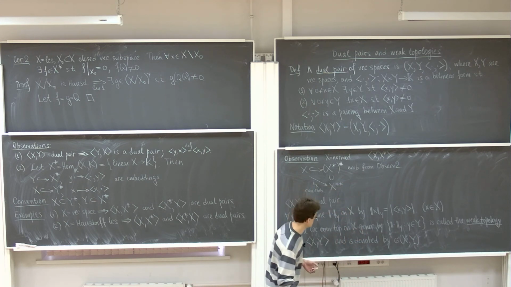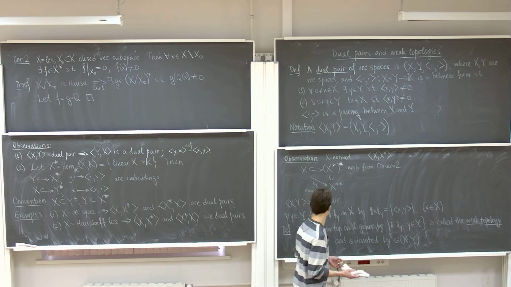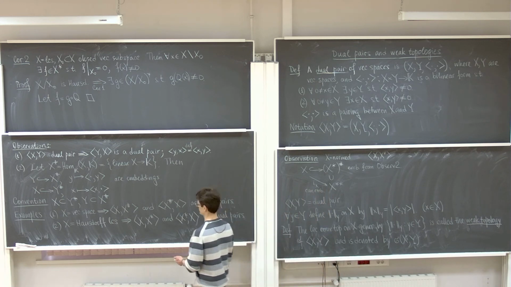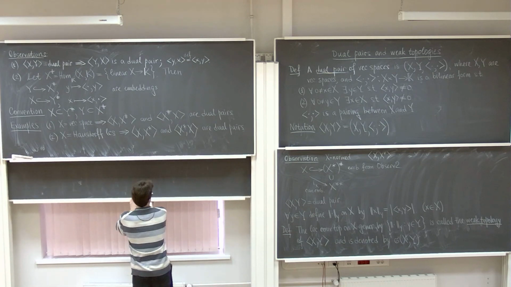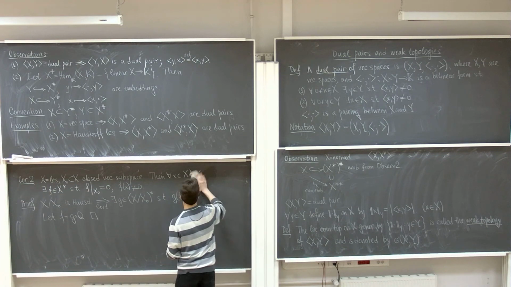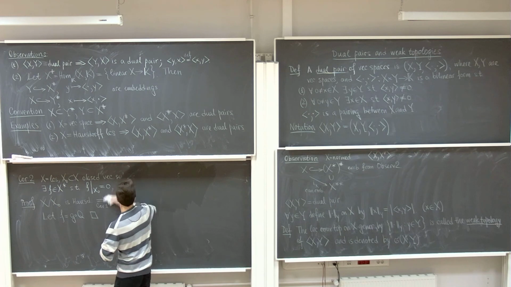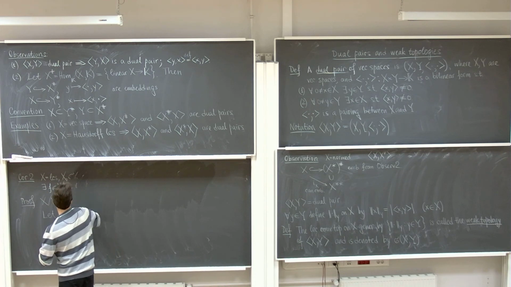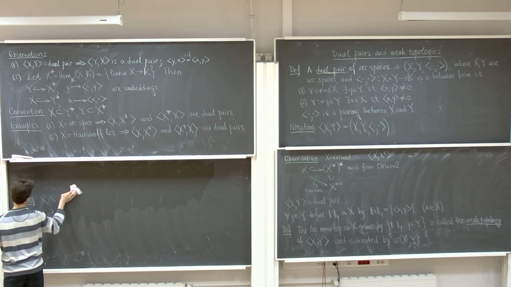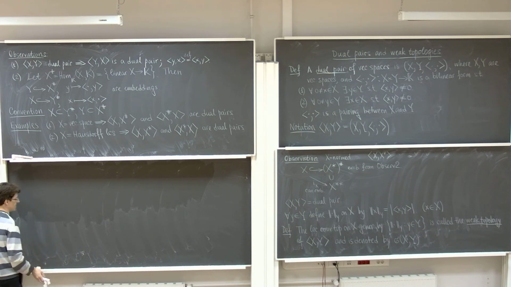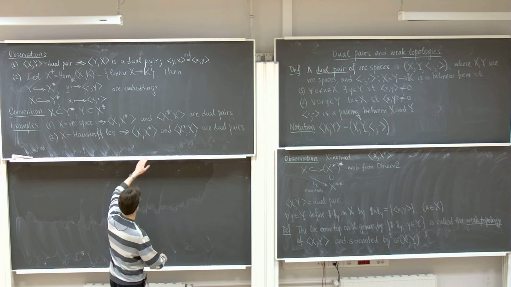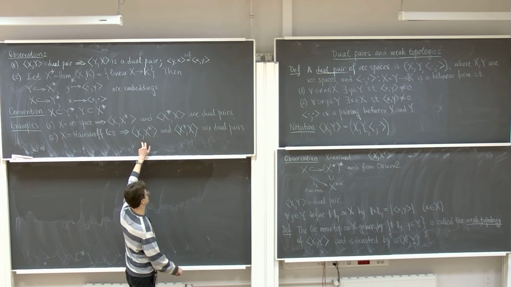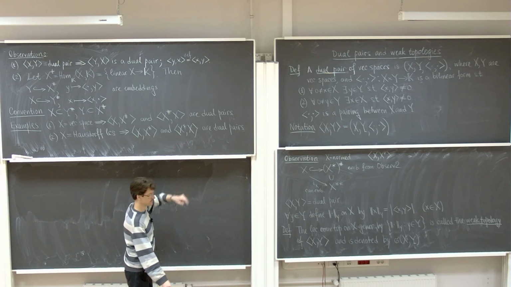This will be the topology on Y. In particular, we have the following two important special cases after we apply this construction to this dual pair and to this dual pair.